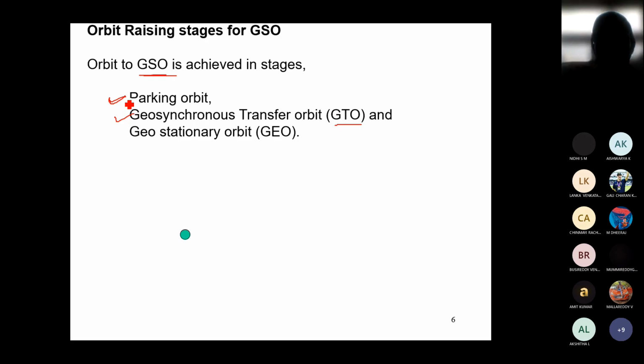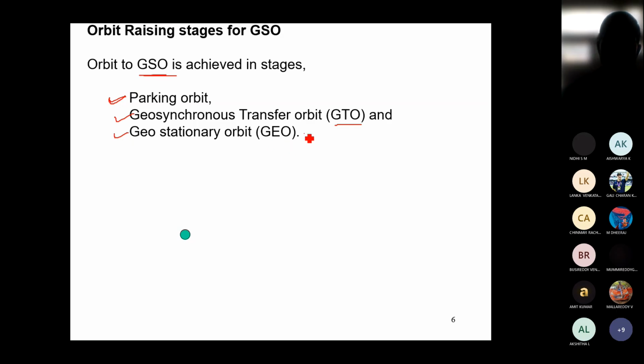When it gets additional thrust, by exhausting some fuel, the satellite is pushed off with a high velocity. So there is a change of velocity when the satellite moves from one orbit to another orbit. Then from the GTO, the satellite will go to the next orbit, called the geostationary orbit, or we can say GSO or GEO.